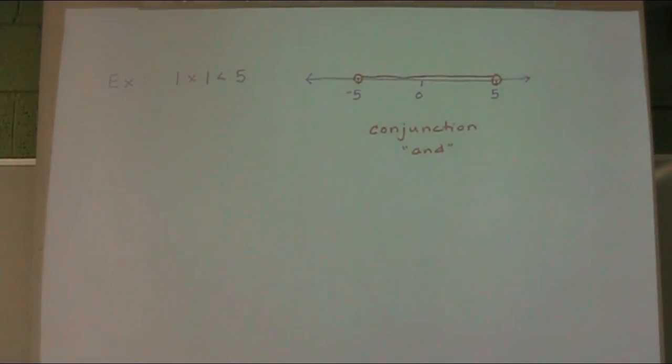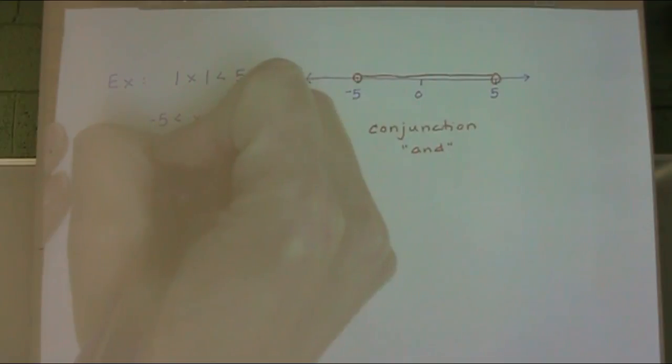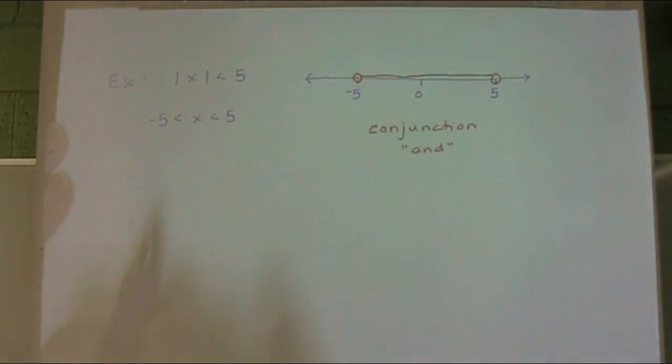So if we write this, this is the way the solution looks: -5 is less than x is less than 5. So our solution is between -5 and 5. All right, so now we're using material from our last unit.